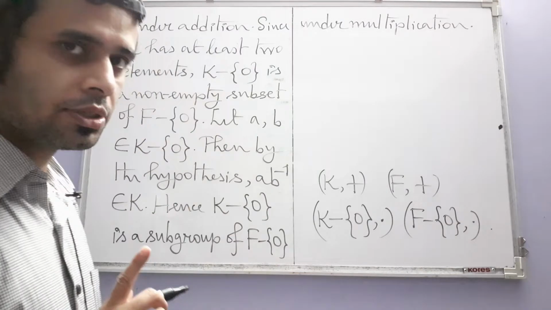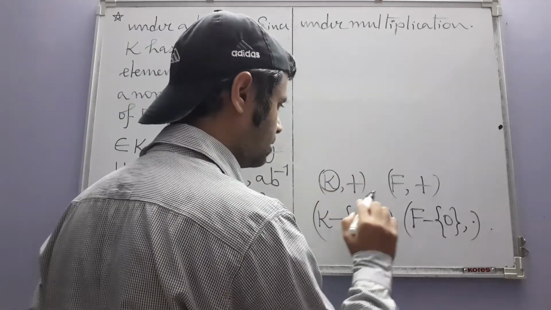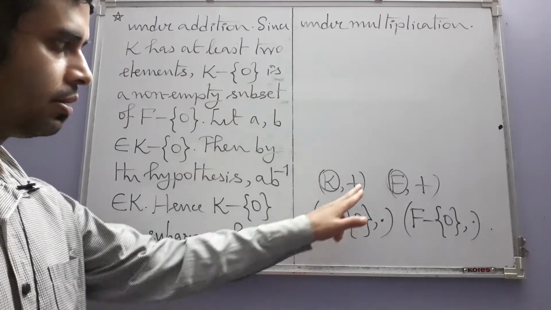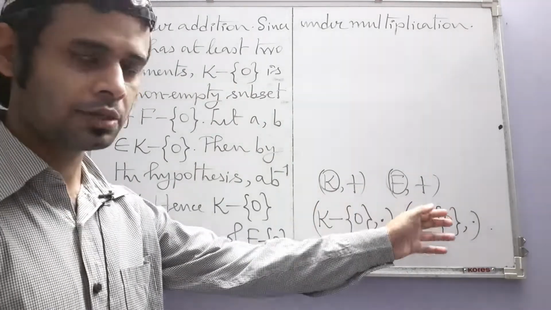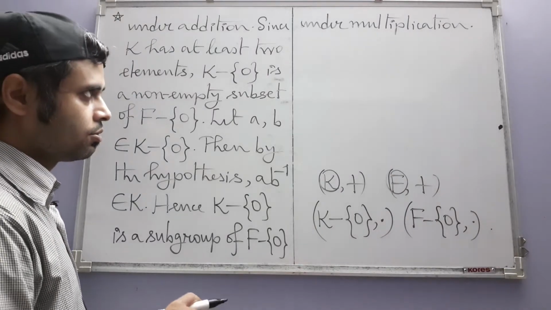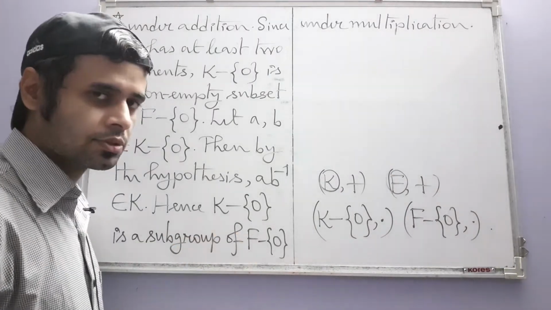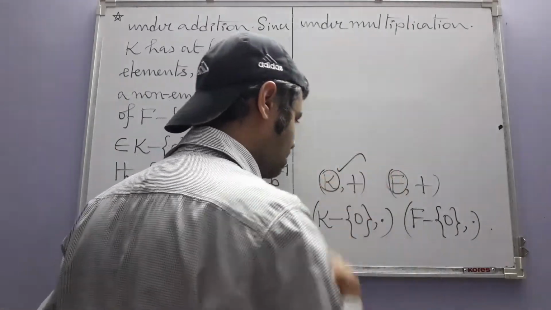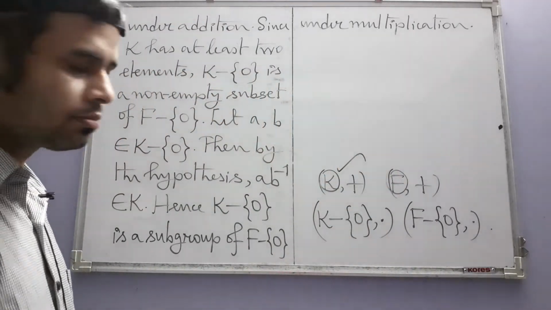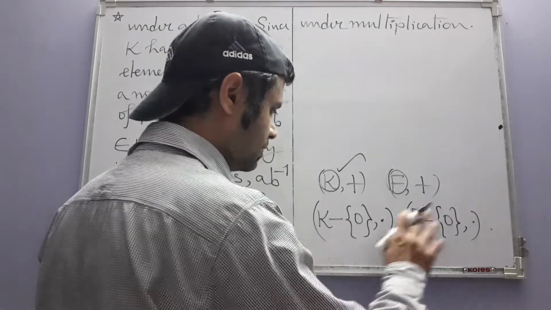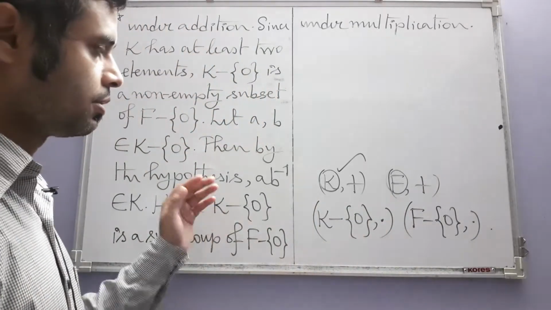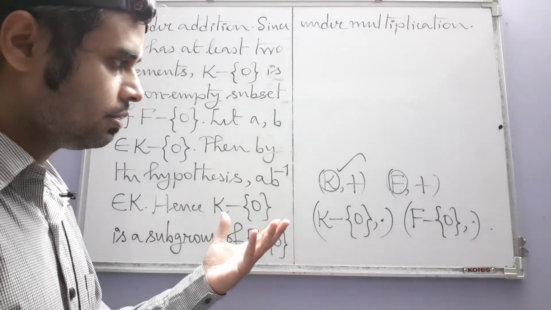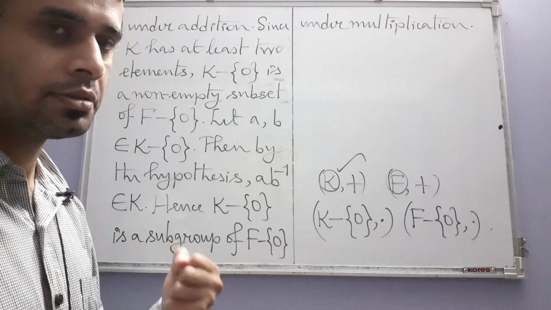But our aim is to show that K is a subfield of F. That means K is a field under this addition and multiplication that we have in F. So what is it that we have achieved so far? We have so far just shown that the subgroup structure is there. So let us just recall what the definition of a field is.